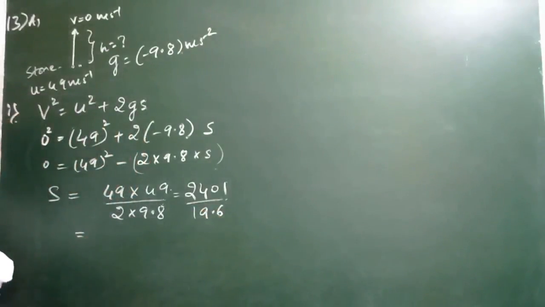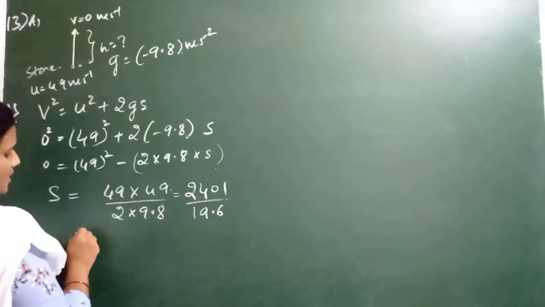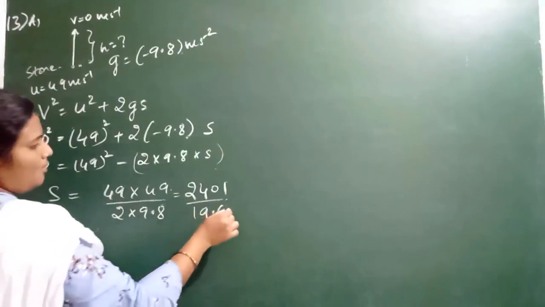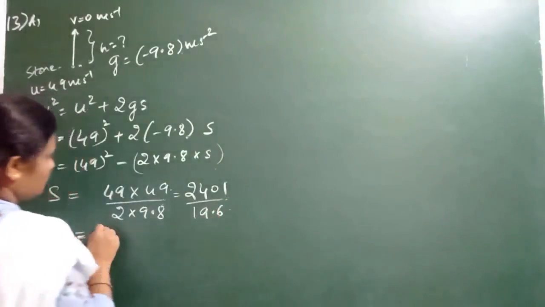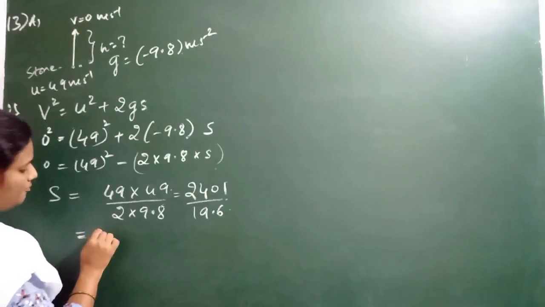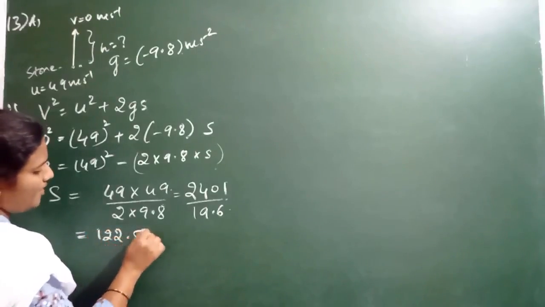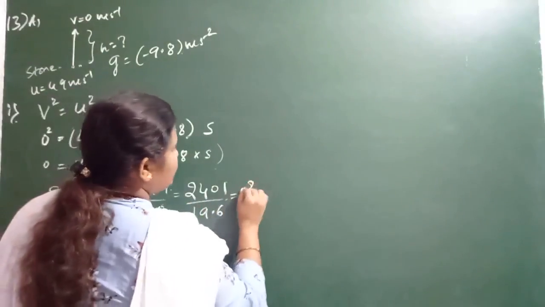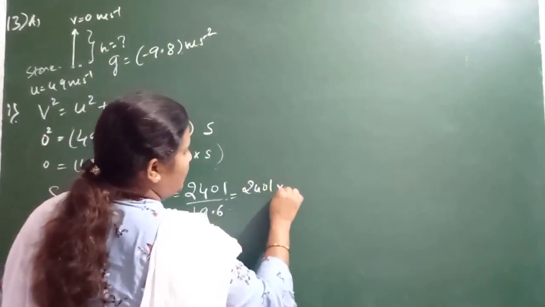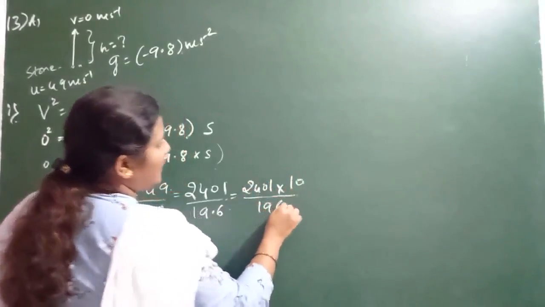Which is equal to 122.5 meters, which can also be written as 2401 into 10 divided by 196.